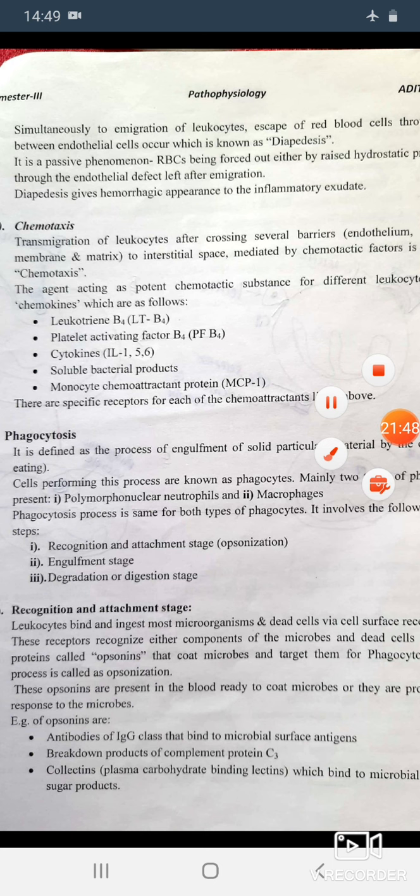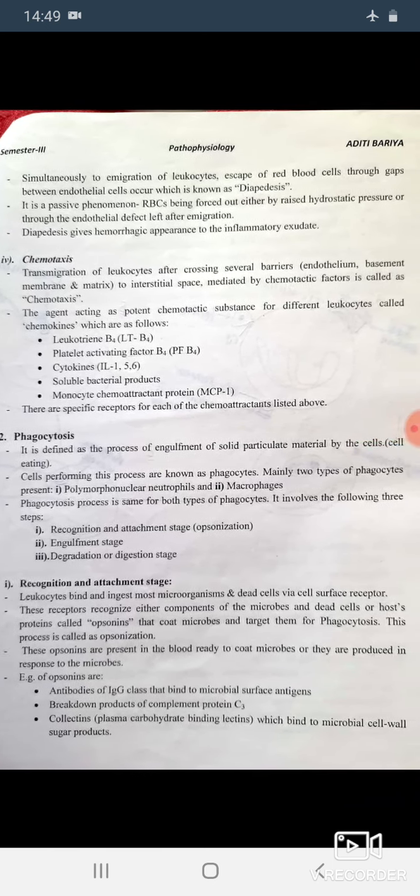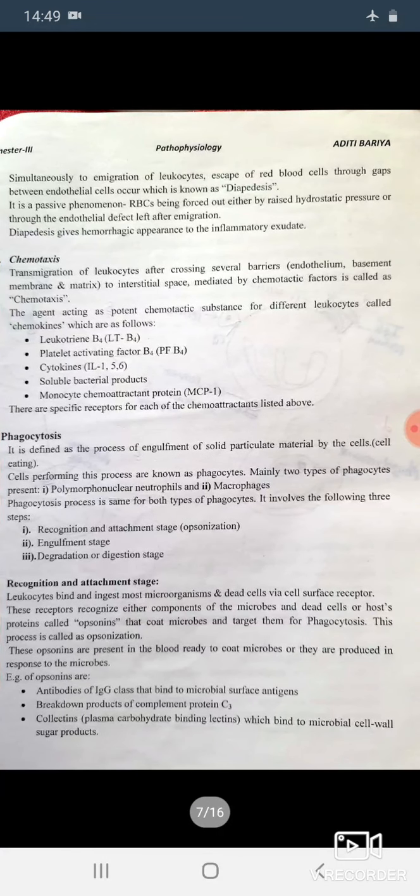Right? Now the second step, phagocytosis. Phagocytosis is defined as the process of engulfment of solid particulate material by the cells, and that is called as cell eating. You have already studied that in Sem 1 anatomy. There are two types of endocytosis process, pinocytosis and phagocytosis.